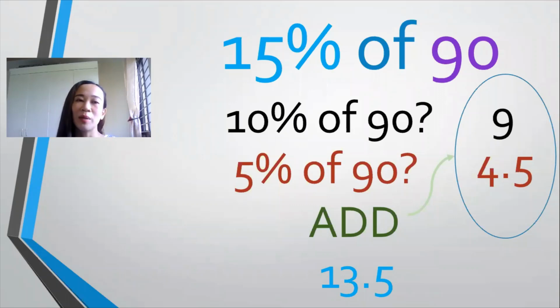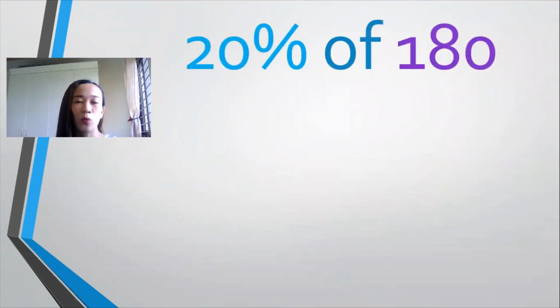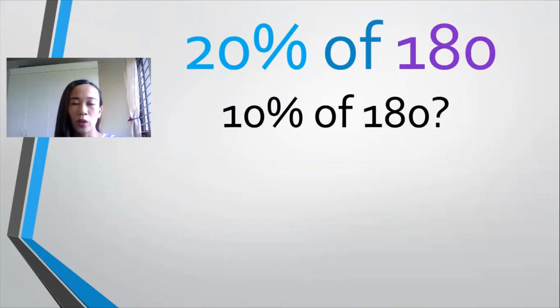Okay, another example here. What is 20% of 180? So 20% is like 10% of 180. It's easy. 10% of 180 is 18.